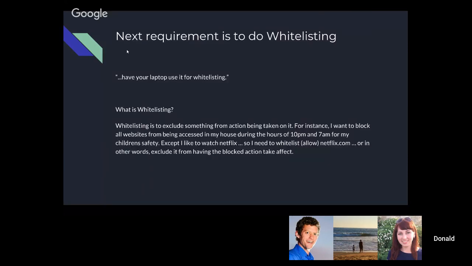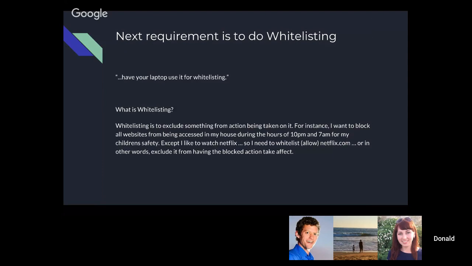So Squid is an excellent caching tool, but it's also a really good web filter. And so one thing that you can do is whitelisting. The whitelisting excludes something from action being taken on it. So one thing is you can block all websites from being accessed, like in your house during certain times, or you can block all websites other than those explicitly listed.